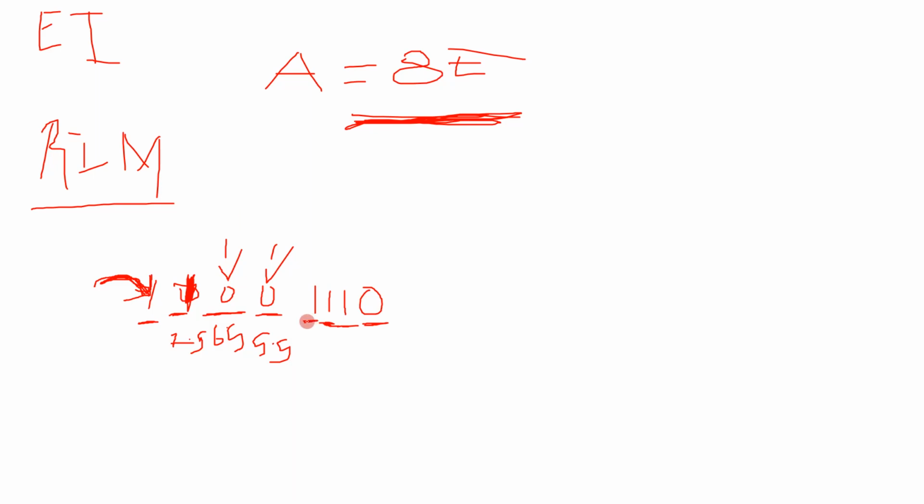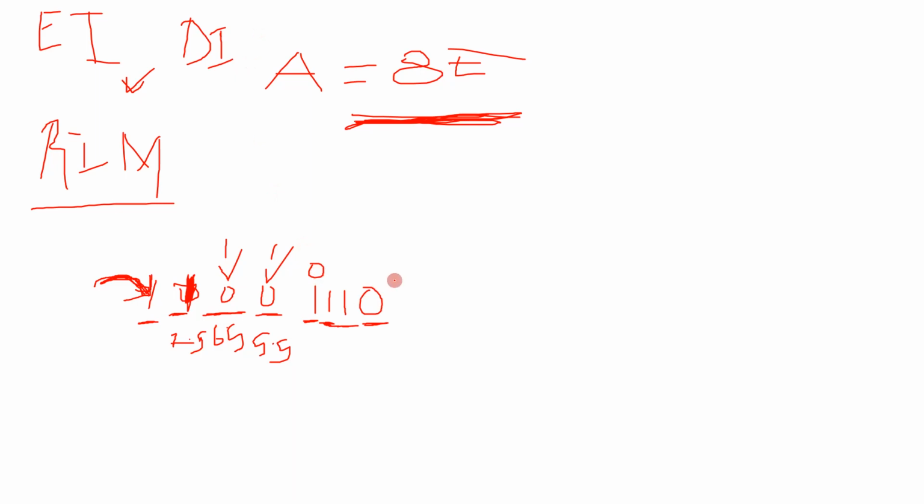This bit tells whether the interrupt enable instruction was used before the RIM instruction. If it is 1, that means the EI instruction was used. If it is 0, then it indicates that the DI instruction was used, disable interrupts. All the interrupts will be disabled.